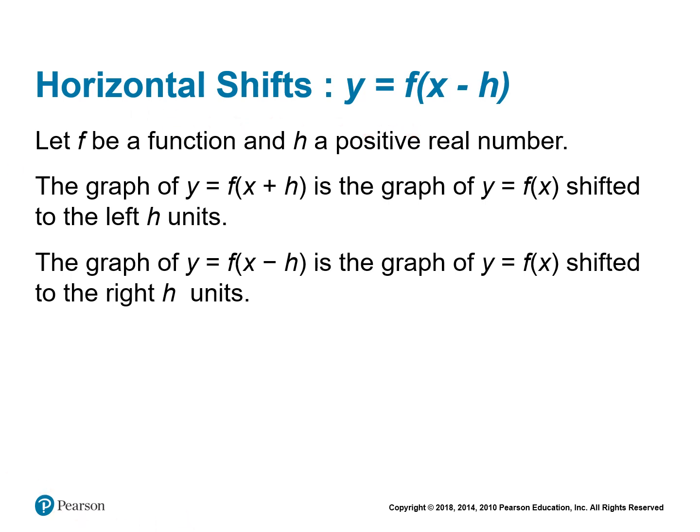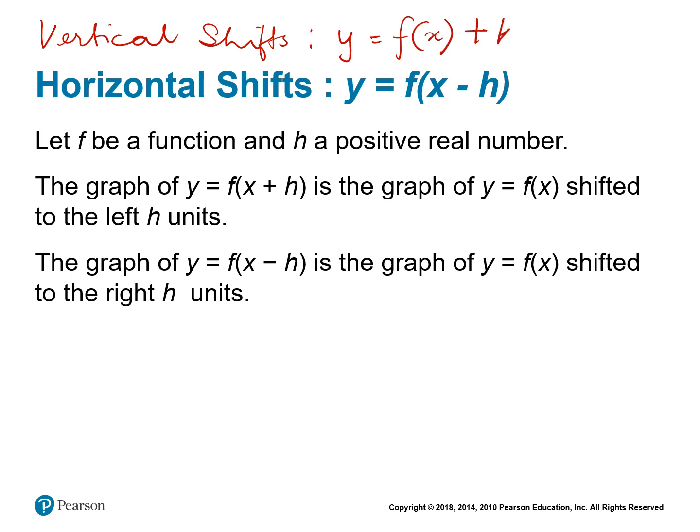So I'll just take a quick minute to remind you what the vertical shift form was. For vertical shifts, it was y equals f of x plus k. All right, that's what the form was.